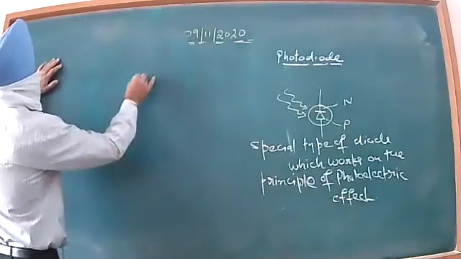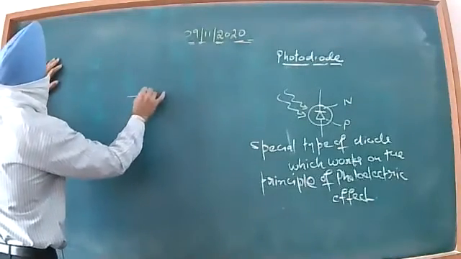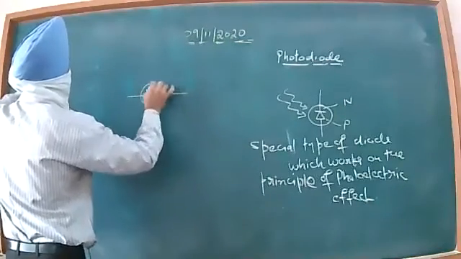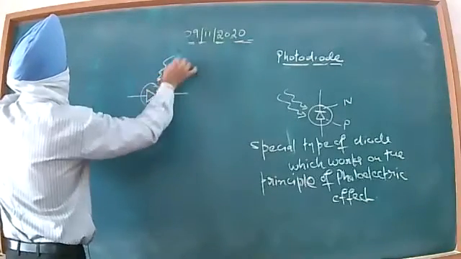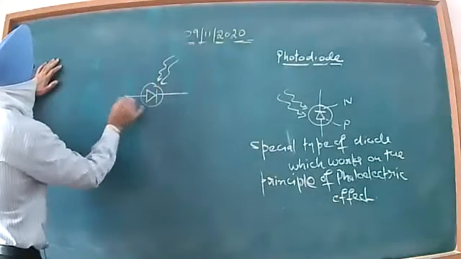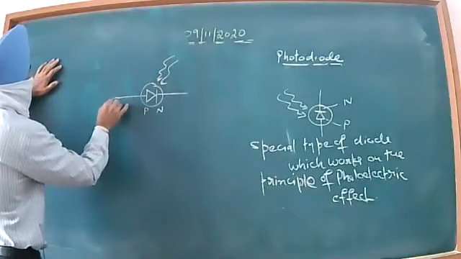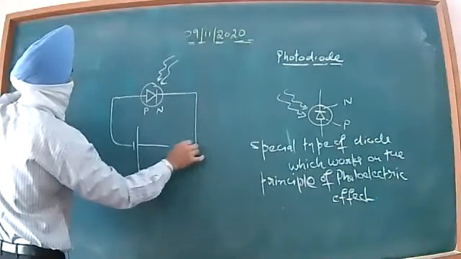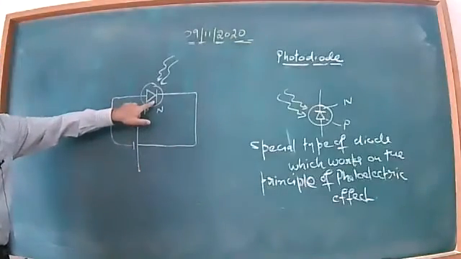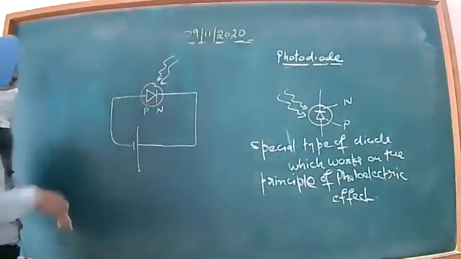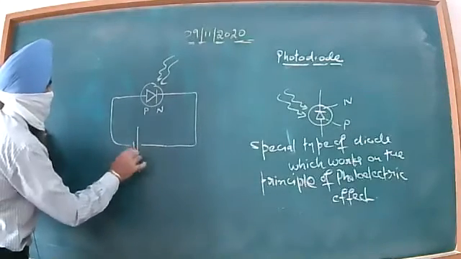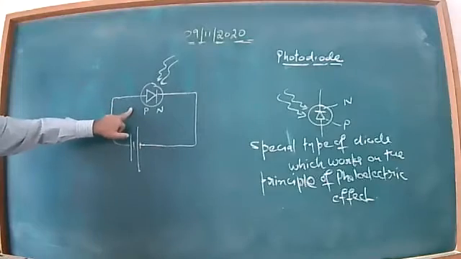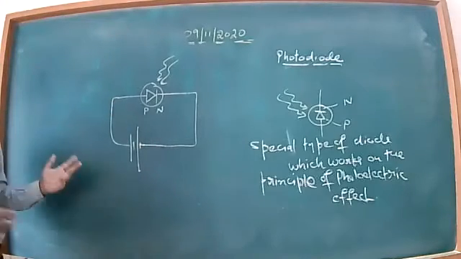I mean to say that suppose we have this photodiode with us this way, and this indicates incident light on this. This is the P part, this is the N part. I connect it with the negative of the battery in this manner, beta. Obviously it is reverse biased, it will not conduct, beta. Or even if I just reverse the polarity this way, now it is forward biased, it will conduct, it will be having the output.